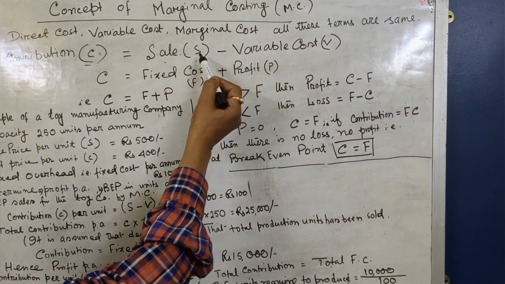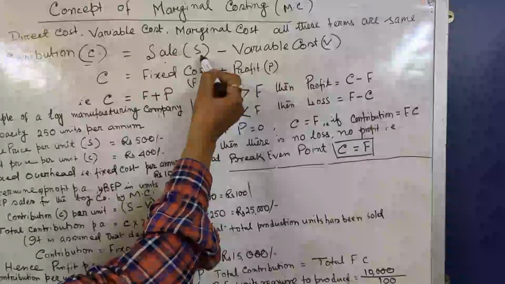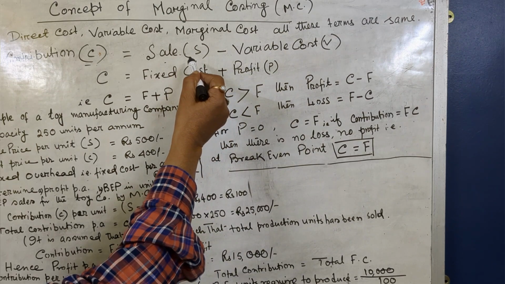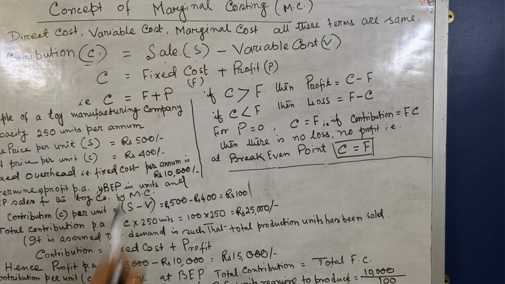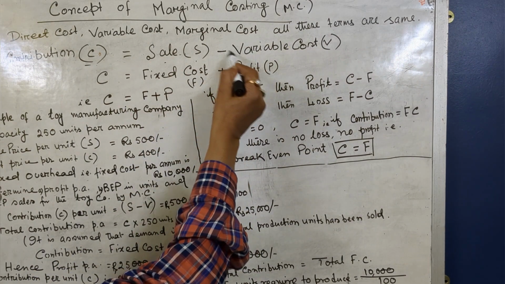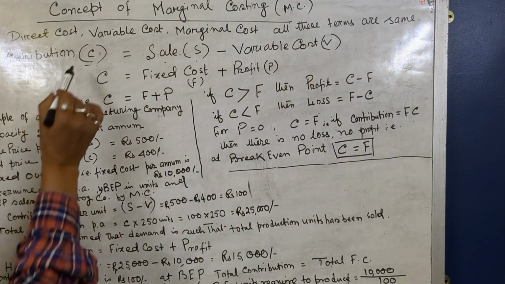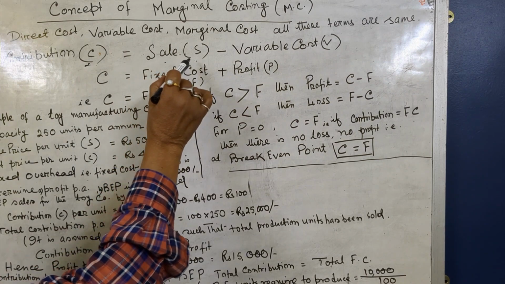But that product gives you rupees 100 as sales revenue. The difference, that means the excess amount, 100 minus 80, is 20, and that is contributed by that product. That is the concept of contribution. This contribution is 20 rupees per unit.